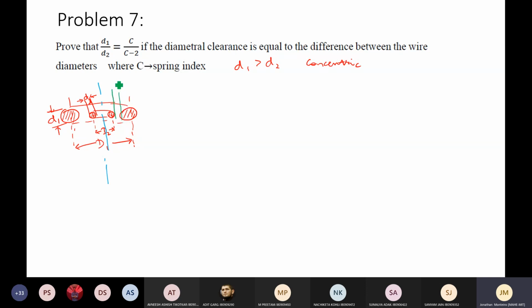So that clearance, let us call this a radial clearance, CR. This distance I'll call it CR. Similarly, since it is coaxial, I can expect the same clearance CR here.